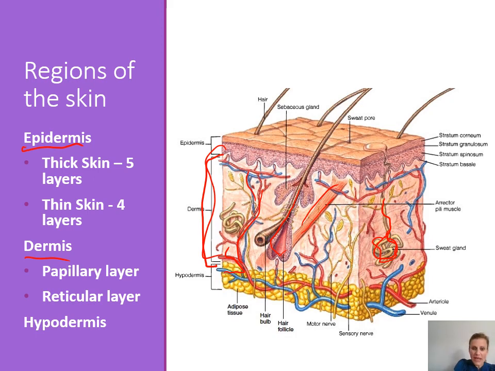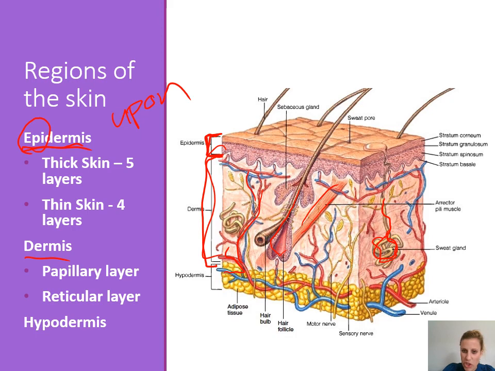The top layer of the skin up here, which is a thinner layer, is called the epidermis. Epi literally means upon. So this term, epidermis, means upon the dermis. And that's where the layer sits. It sits upon the dermis, or on top of the dermis.